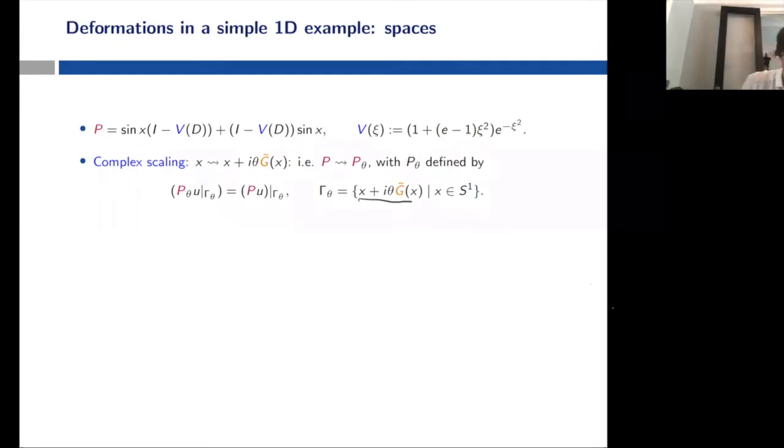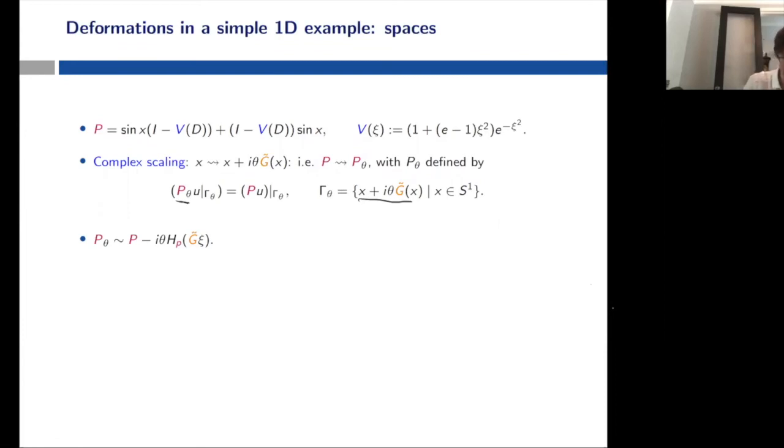Right, so if u is analytic, again, you can take Pu, you can analytically continue it and restrict to gamma_theta. And that should be the same as what happens if I restrict u to gamma_theta and apply this P_theta. That's how you can define P_theta. Okay, and you can check for yourself just by making a change of variables in this case that what happens is P_theta is very close to P minus i theta H_p G tilde(xi).